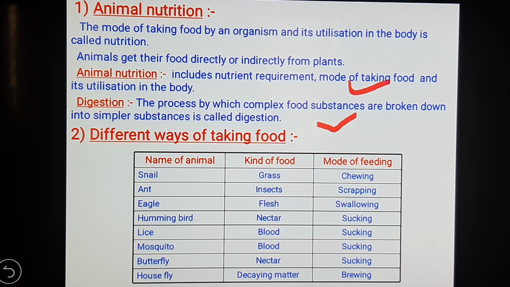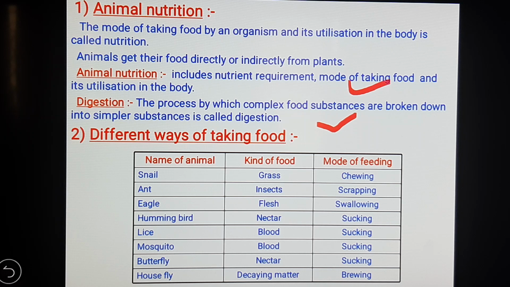Now when we eat bhakri, when we eat chapati, that is a complex food substance which contains carbohydrates, fats, proteins, all those things. But when these complex food substances go in the body, they get broken down with the help of some digestive juices into simple substances, that is called digestion. You have to write the definitions of animal nutrition and digestion.